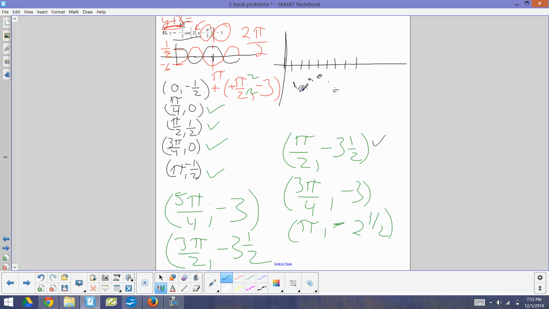Okay, so it's a graph that looks something like that, and then it just repeats itself. Notice you can think of this as 2 pi over 4, 3 pi over 4, 4 pi over 4, 5 pi over 4, 6 pi over 4. So every pi over 4, I will be at the max or min or halfway between a max and a min.